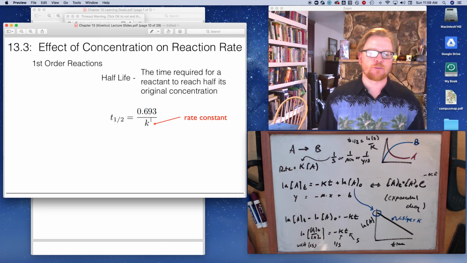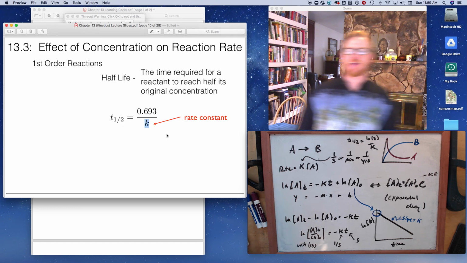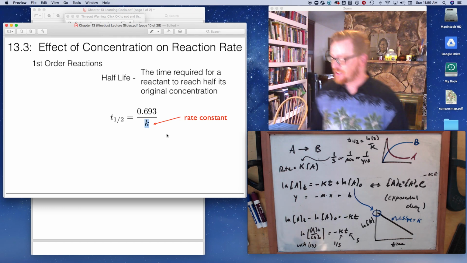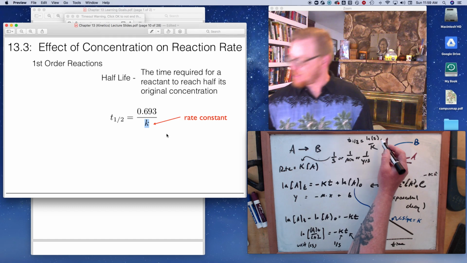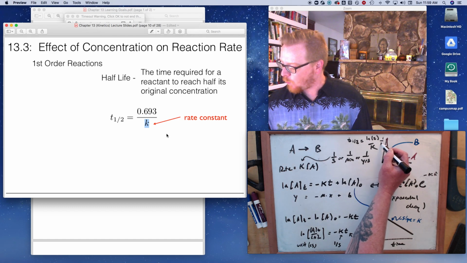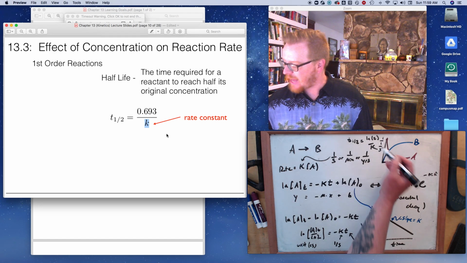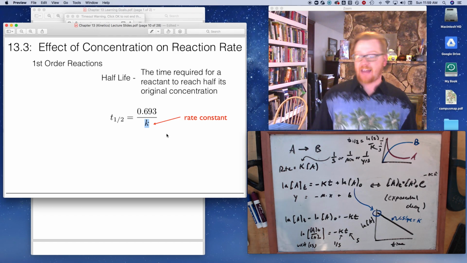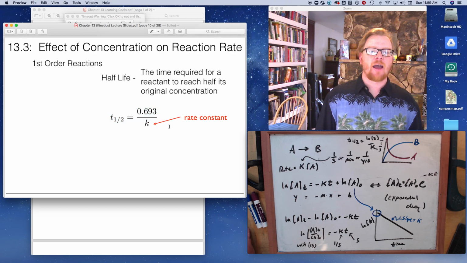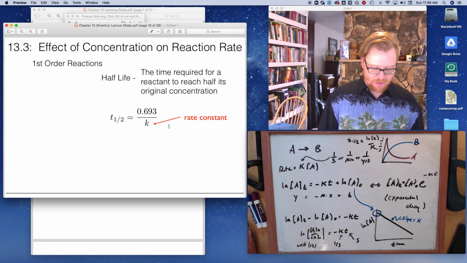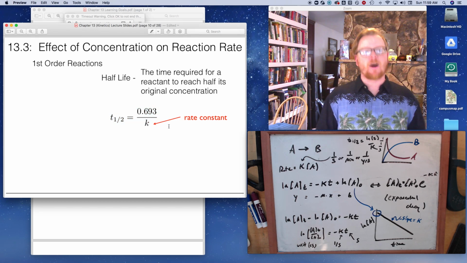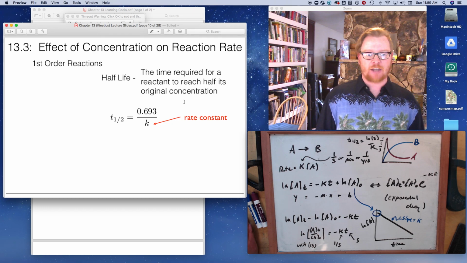And if you think about this for a second, because the units of k are 1/seconds, this will be 1 over 1/seconds, which just gives you seconds. All right? So this is our equation for half-life, and we're going to do plenty of examples with this momentarily. So I'm going to move on now to doing second-order reactions.